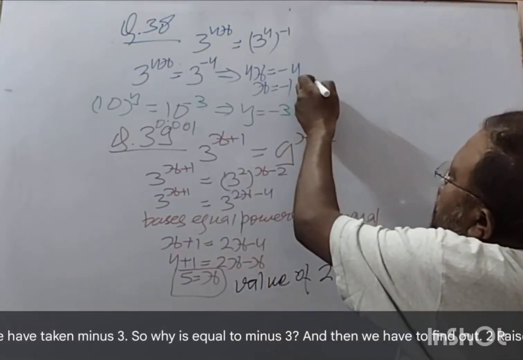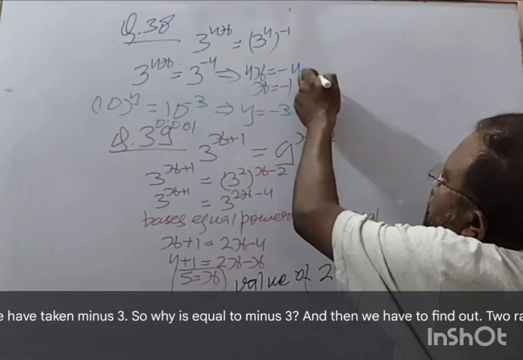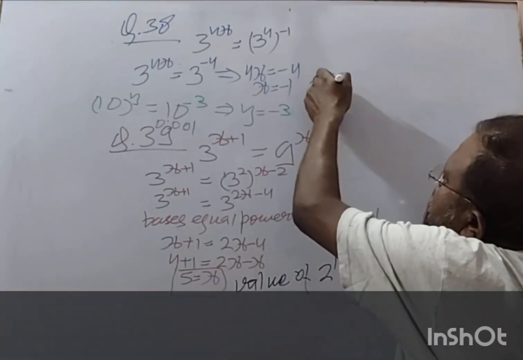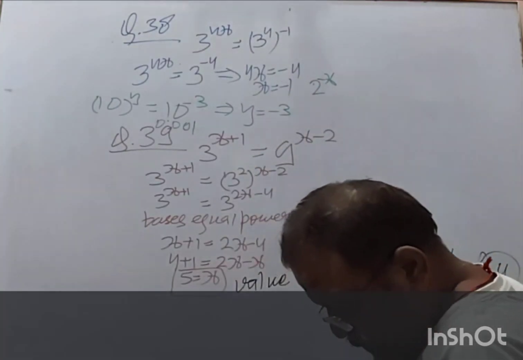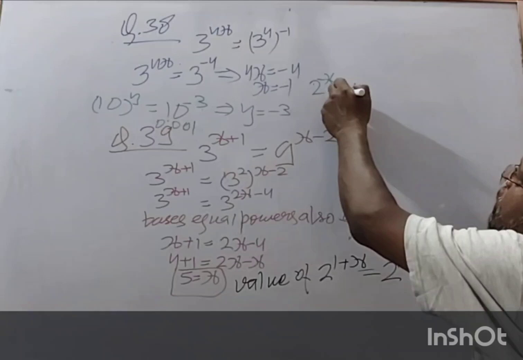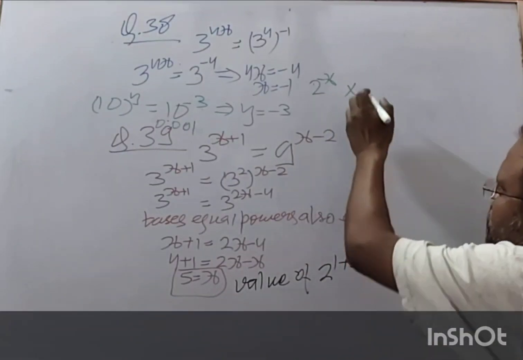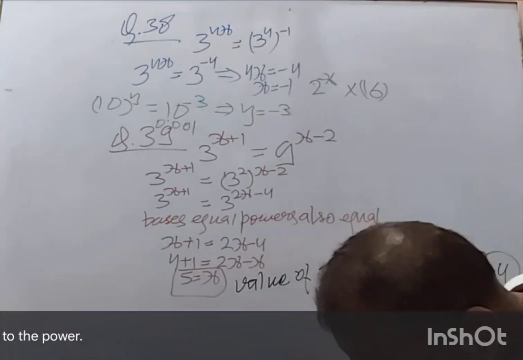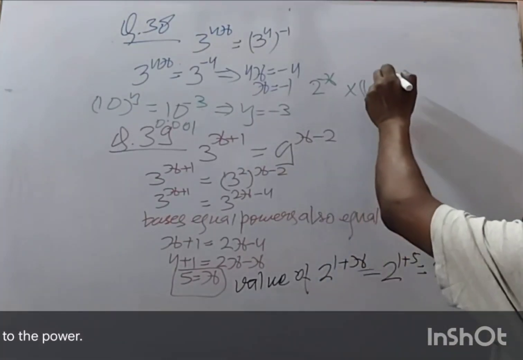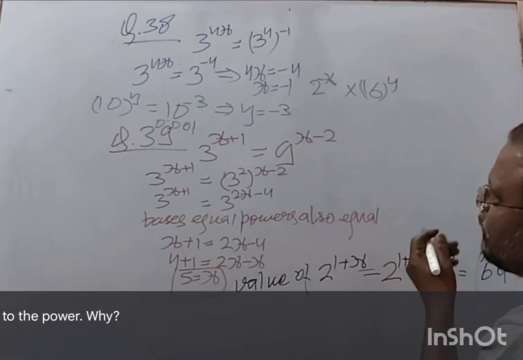2 raised to the power 2 minus 6x into 16 raised to the power y. Put y as -3.